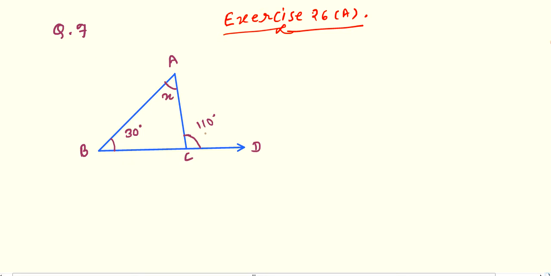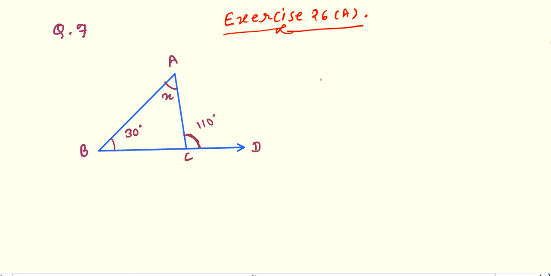In this question, this angle is an exterior angle. Why is this exterior? Because we have triangle ABC and this angle is just outside. This angle is not in the interior portion of triangle ABC. It is outside of triangle ABC. So this one is an exterior angle.